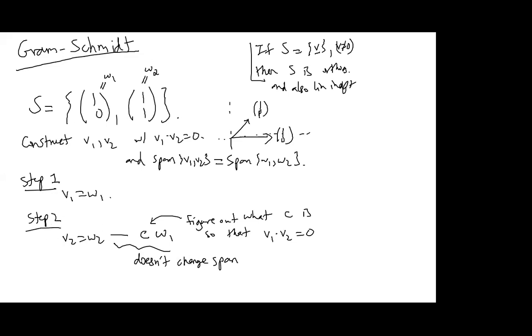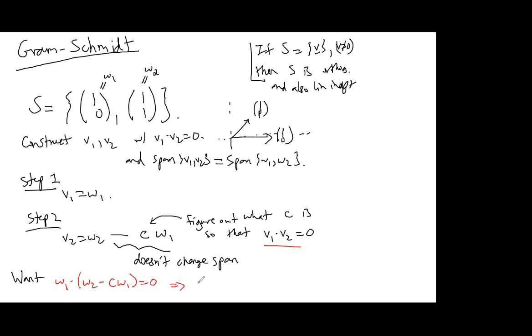And so now we just need to figure out what C is, and that's the same process we did with orthogonal projections. We want V1 dot V2 to be 0, so we just take the dot product and figure out what C is. So we get W1 dot (W2 minus C W1) equals 0.